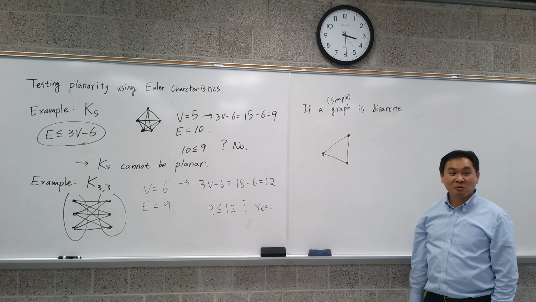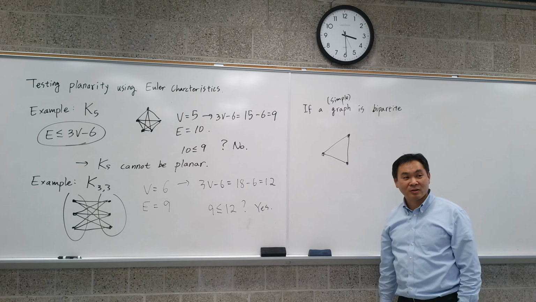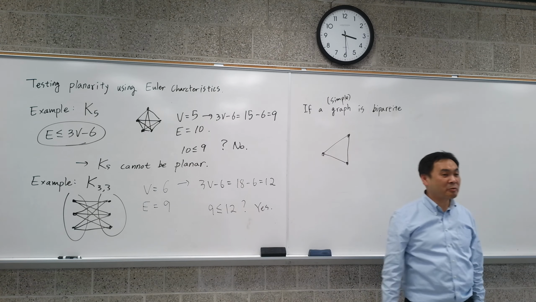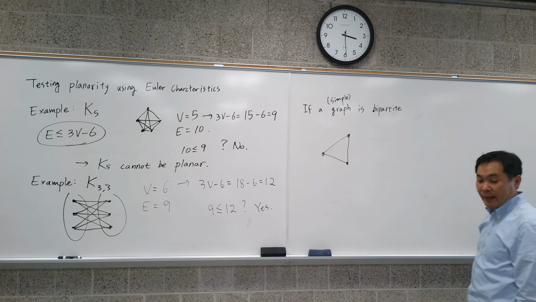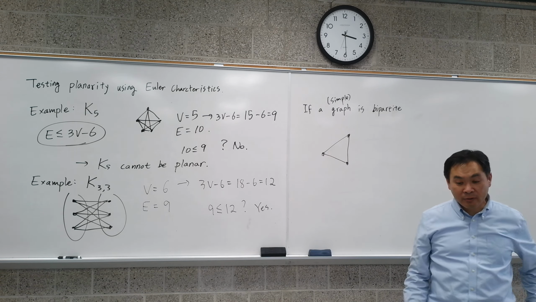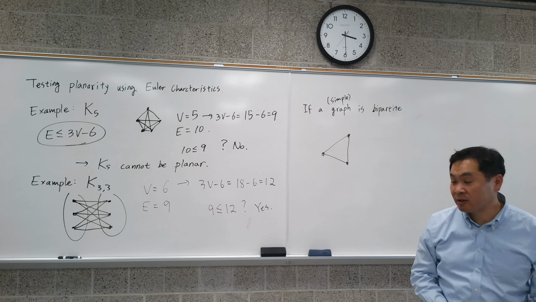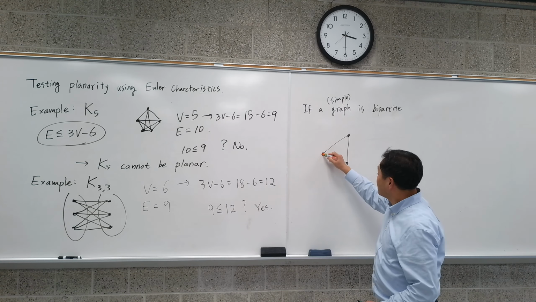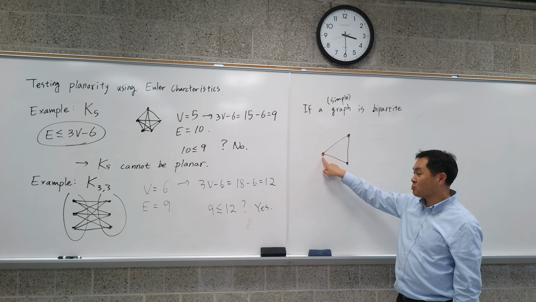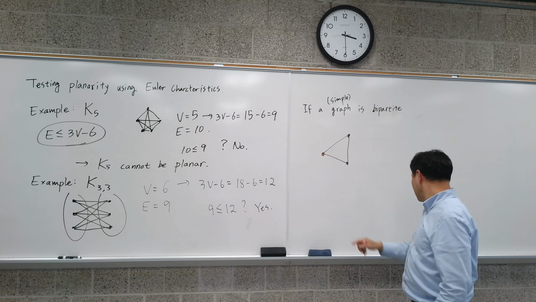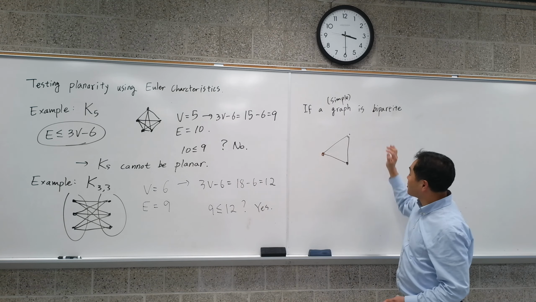Why is this not a bipartite graph? Do you remember how to tell if a graph is bipartite or not? Coloring, right? You color this with one color, and then you color this with another color.